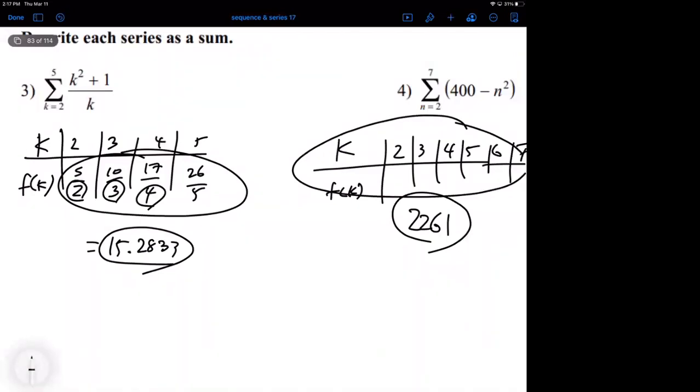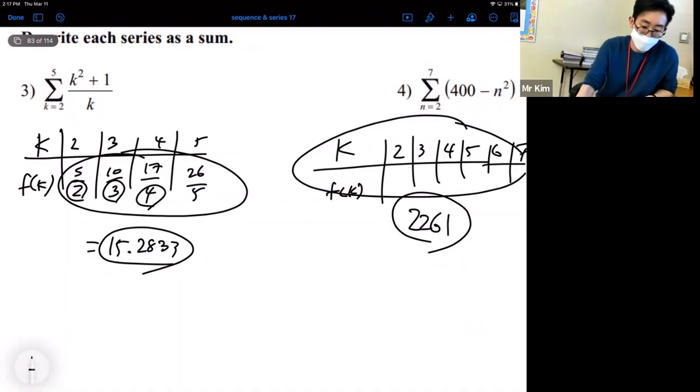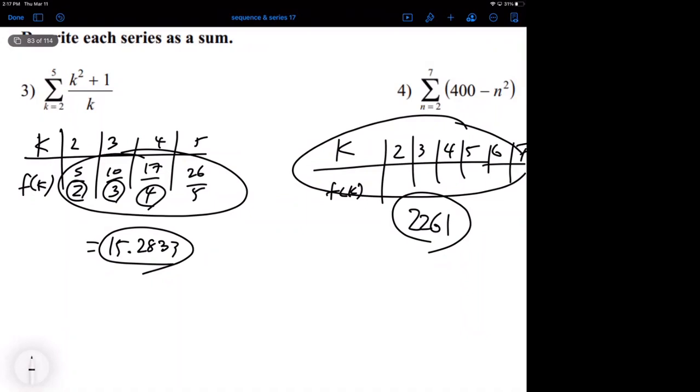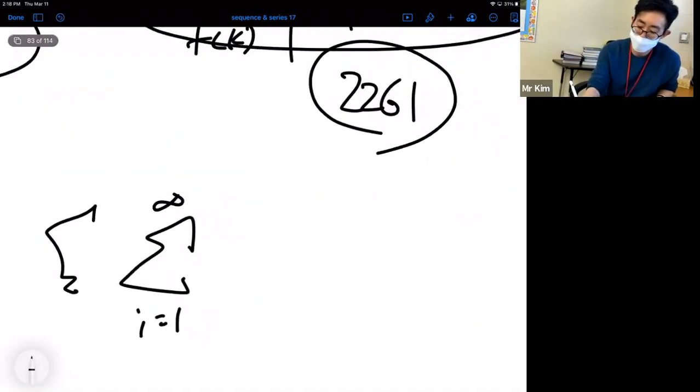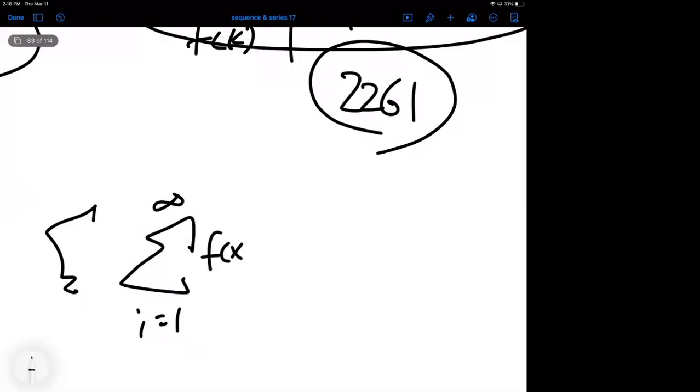Mr. Kim, yes, Bradley? Here's an example. If you had an infinite series, like the sigma, but the top part is infinity, and it starts from i equals 1, and then it has a function in it, is that what it's called?